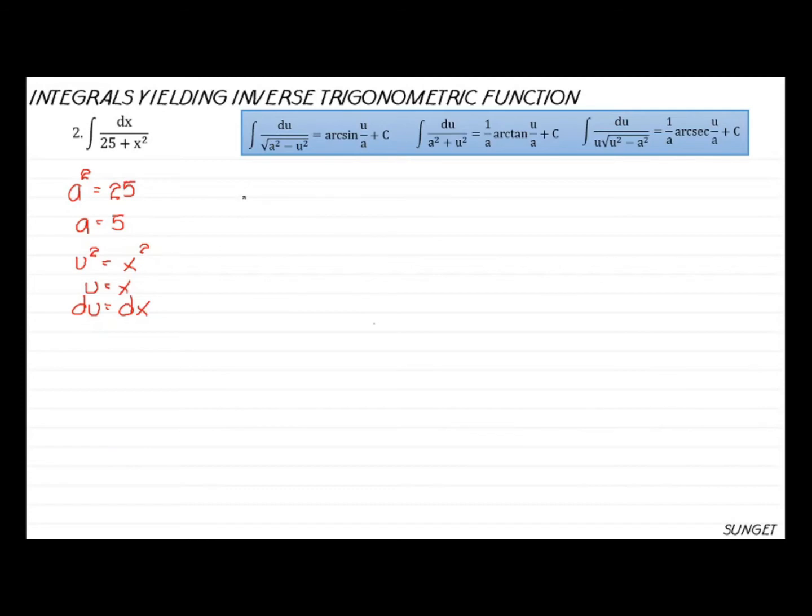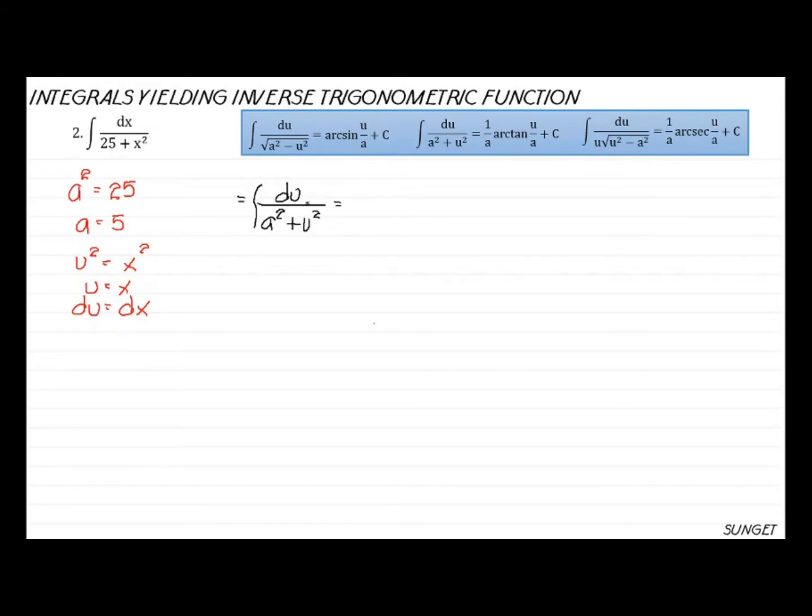By substitution, we have the integral of dx is equal to du over 25, replaced by a squared, plus x squared is equal to u squared. To evaluate the integral, we're going to use the second formula, which is the arctan.